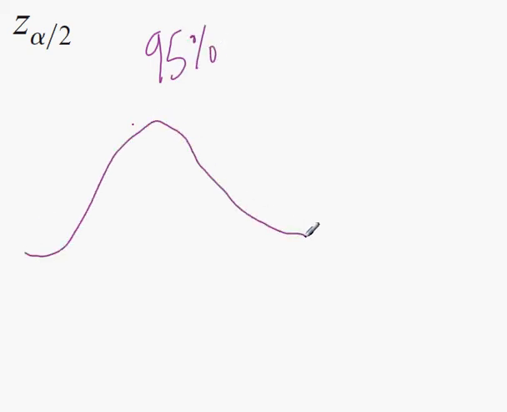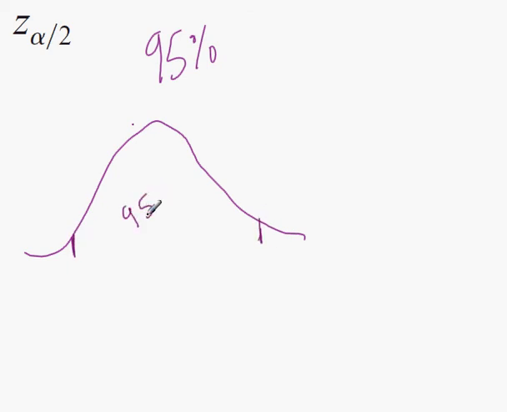To really get into this section, one thing we have to understand is z sub alpha over 2. It's in a lot of formulas, and you might look at it and say, what the heck is z sub alpha over 2? That is basically saying that if you want to be 95% accurate, you're going to have to find the middle 95% of the standard normal curve. So if you think about the curve, we're going to have the middle 95%.